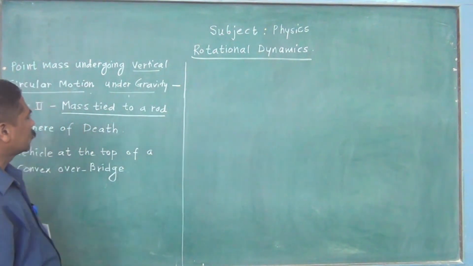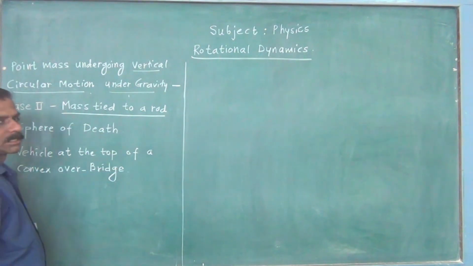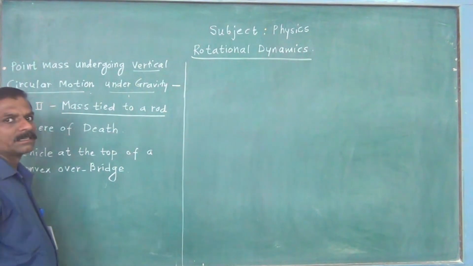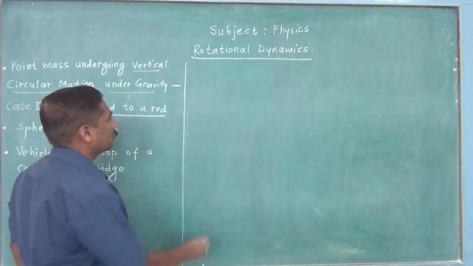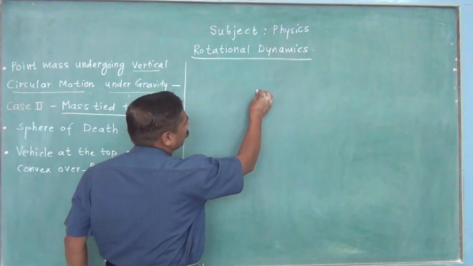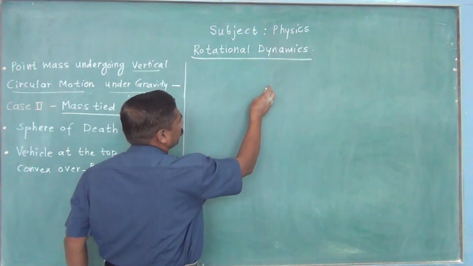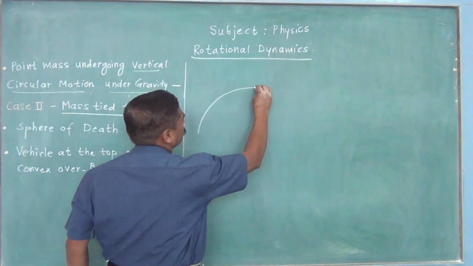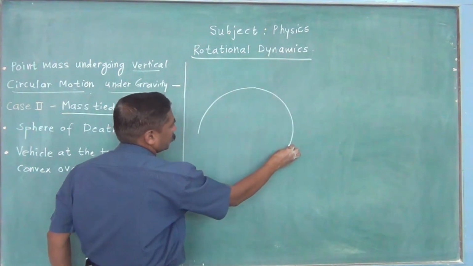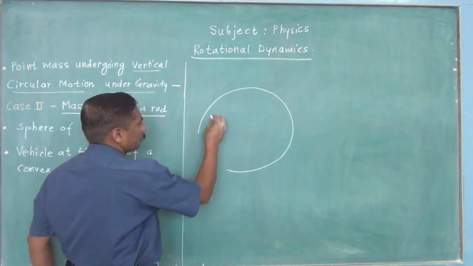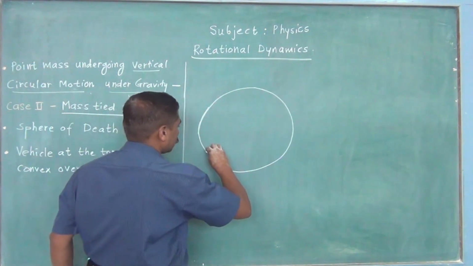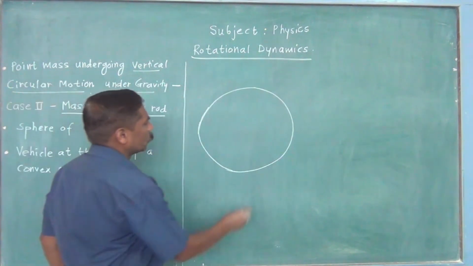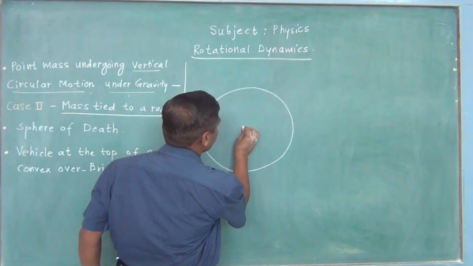How can we draw the diagrammatic representation if we consider such a massless rigid rod? Suppose we draw such a vertical circle, and suppose the center is taken here.